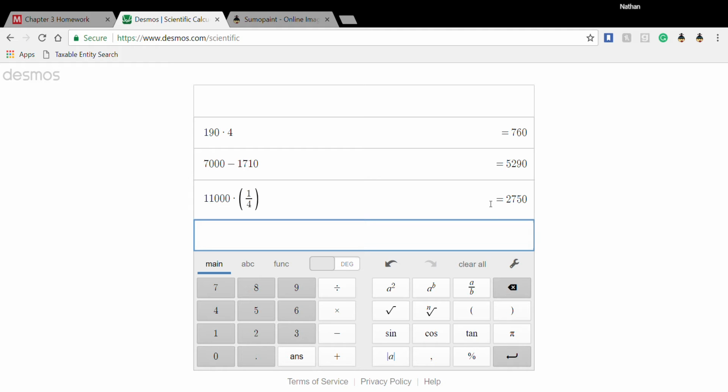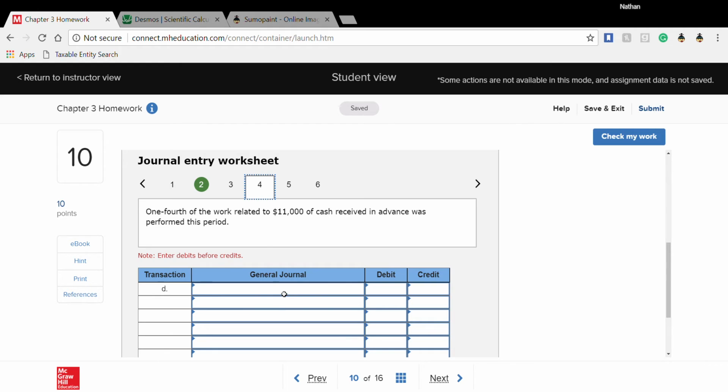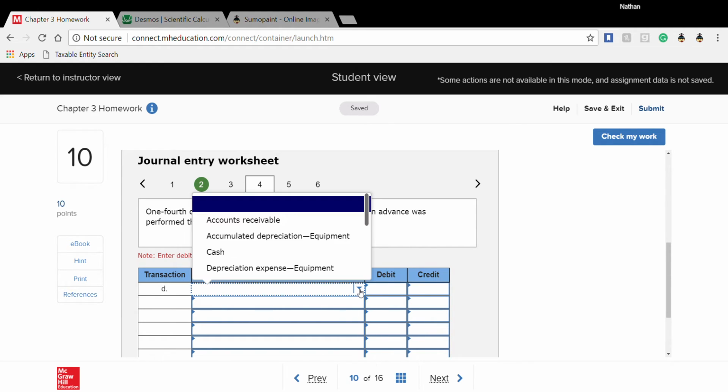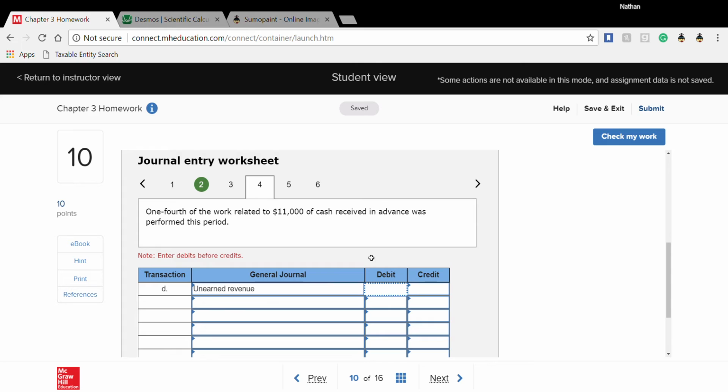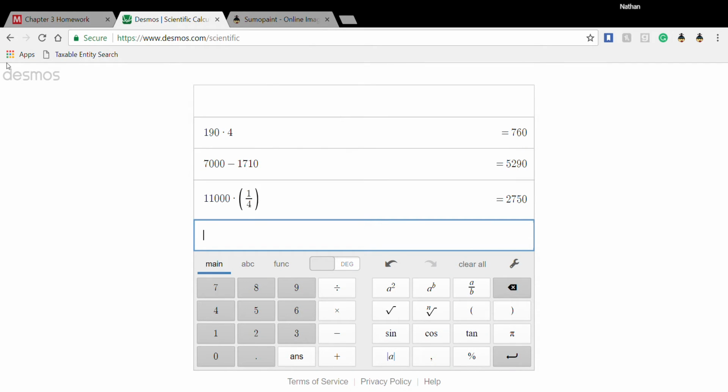So we've earned $2,750. With this one, for anything we've received in advance as unearned revenue but have now earned, we're going to have to reduce unearned revenue by that amount of $2,750.